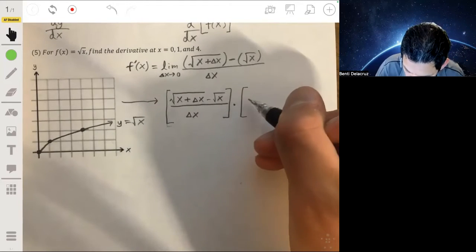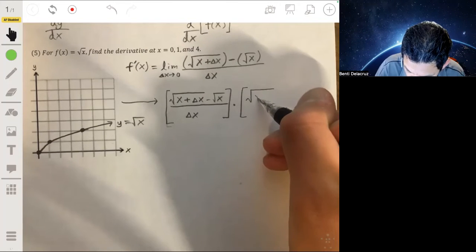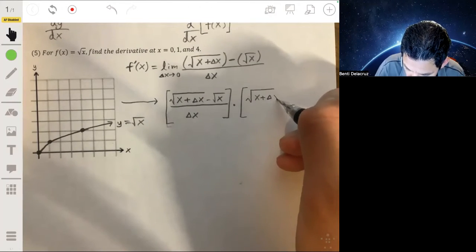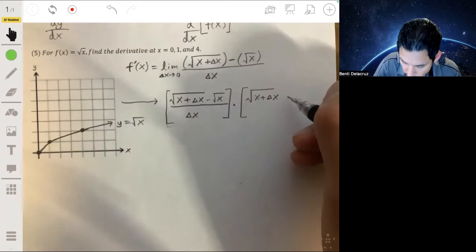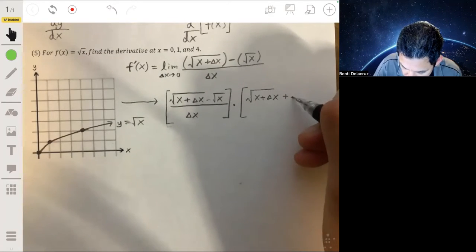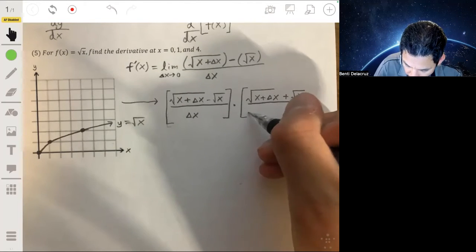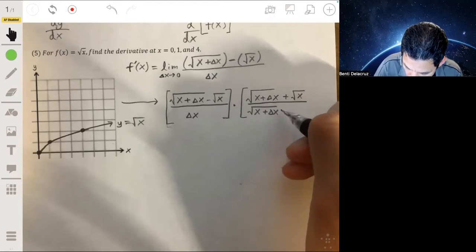Multiplying by 1 doesn't change the value, it just changes the way it looks. So we multiply by the conjugate of this expression: instead of minus the square root of x, we add the square root of x. And we keep the denominator the same, because that's how we make sure it's equal to 1.